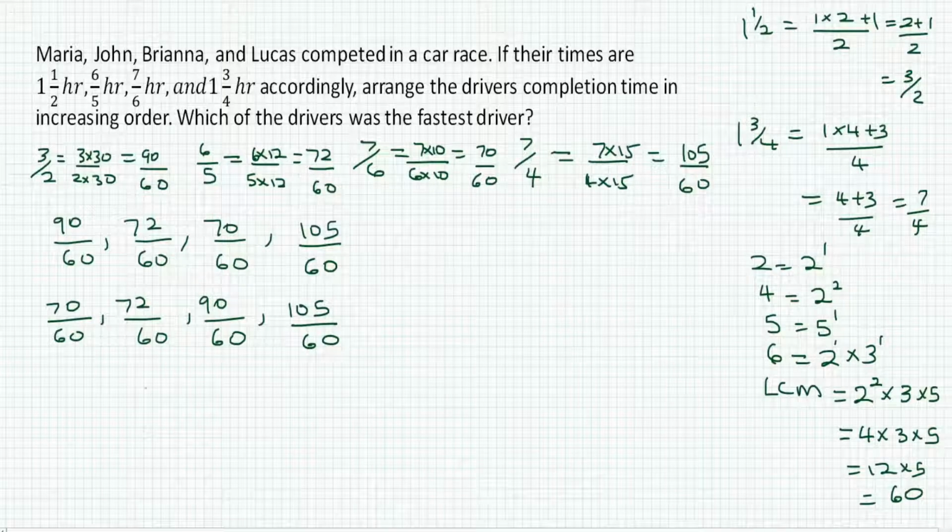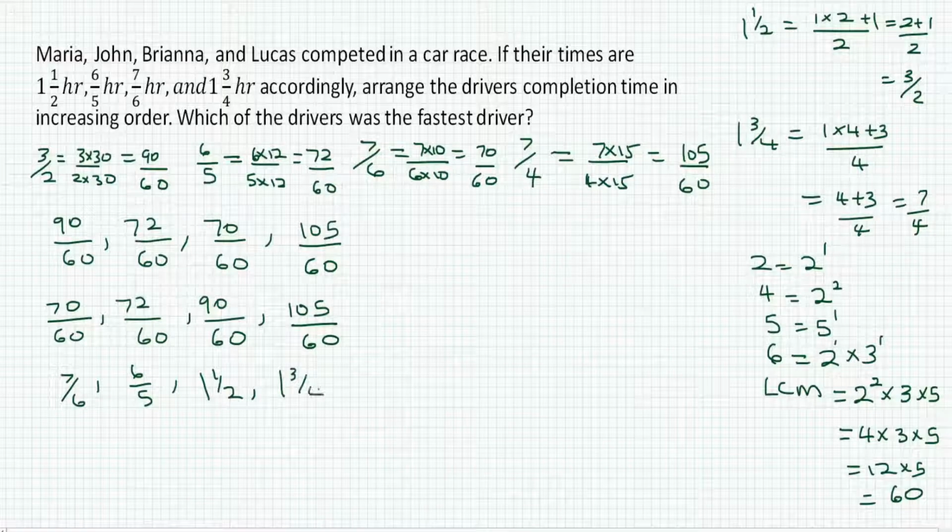So 70 over 60 is 7 over 6. 72 over 60 is 6 over 5. 90 over 60 is 1.5. And then 105 over 60 is 1/3. So now this is arranging the completion time in increasing order.